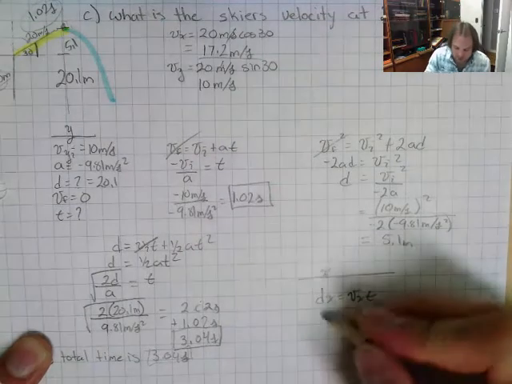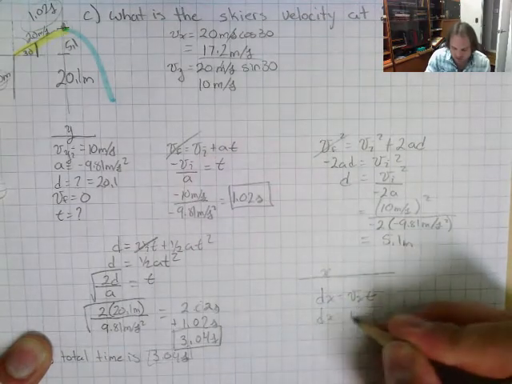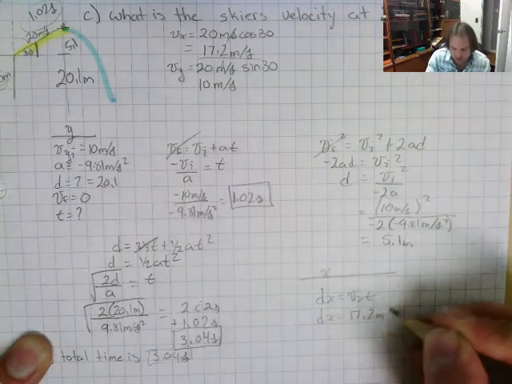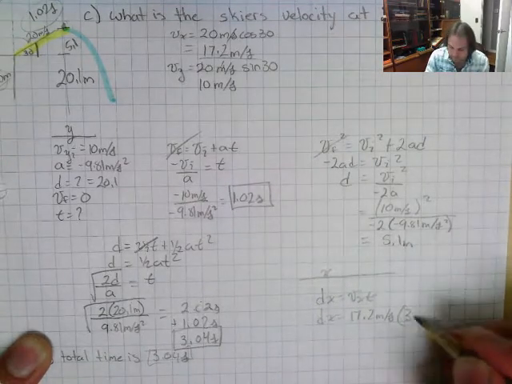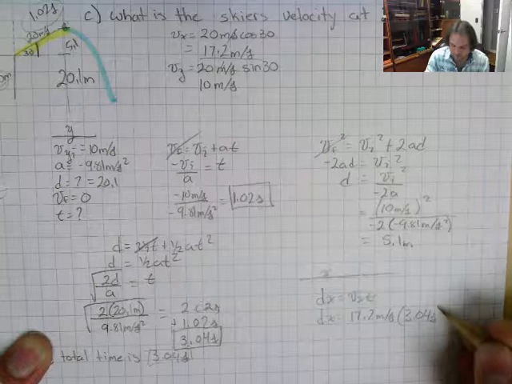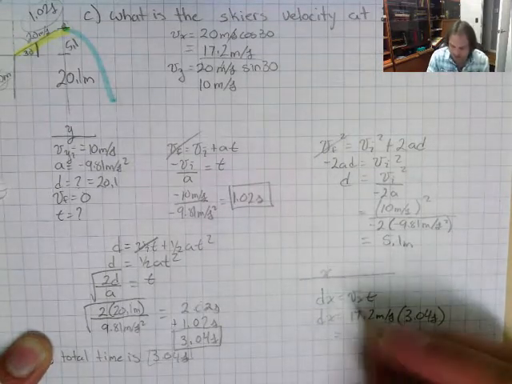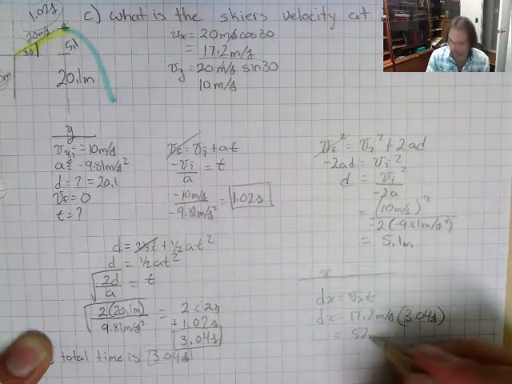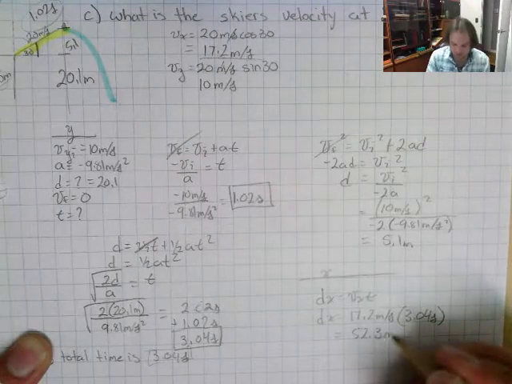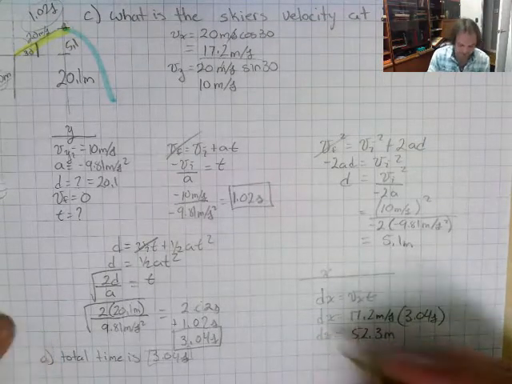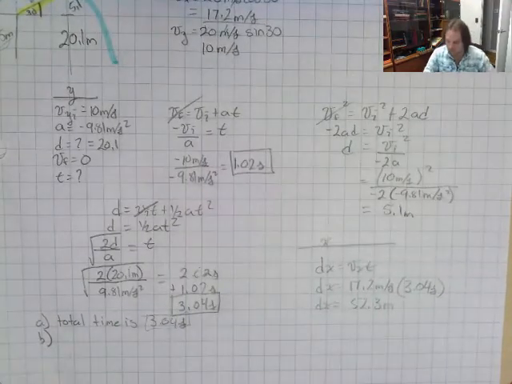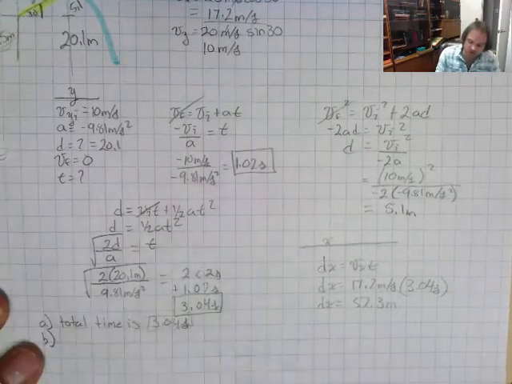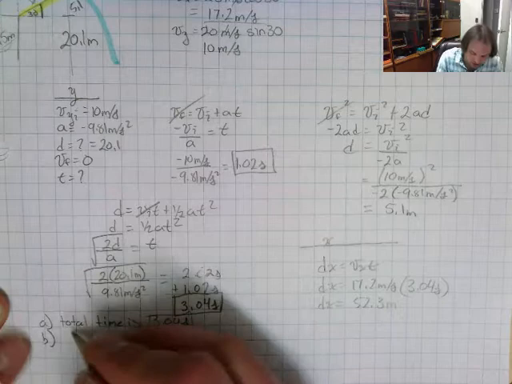In this case, my distance in the x is equal to 17.2 meters per second multiplied by 3.04. This is going to end up giving me 52.3 meters. So now we have B. The range of the skier is 52.3 meters.